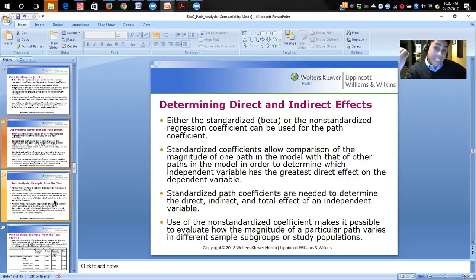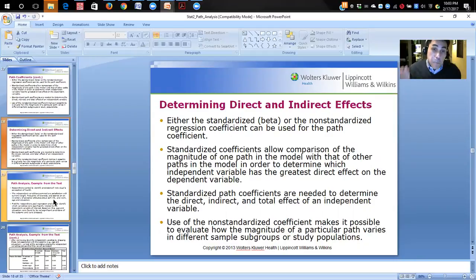The standardized coefficient, however, allows comparison of the magnitude of one path in the model with that of the other paths in the model to determine which of the independent variables has the greatest direct effect on the dependent variable. So the keyword is the greatest direct effect when you use the standardized coefficient.